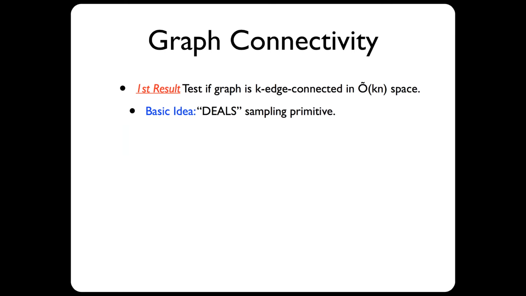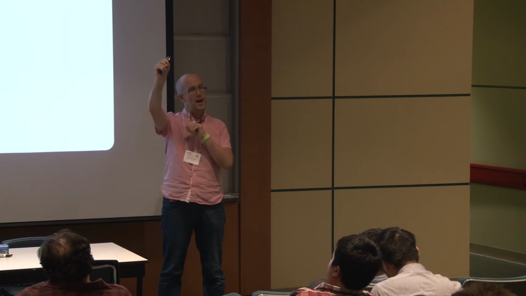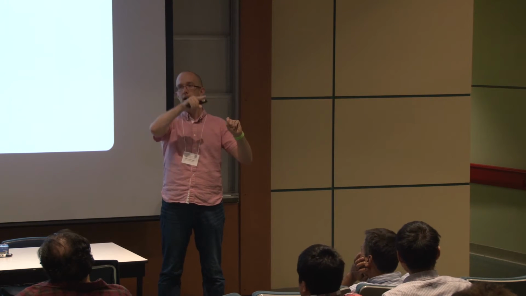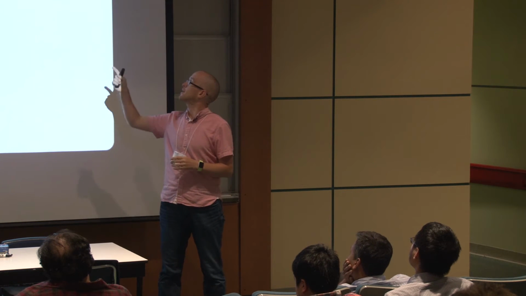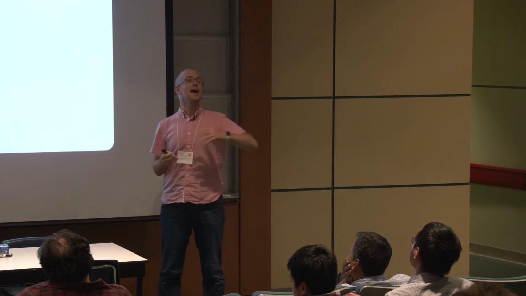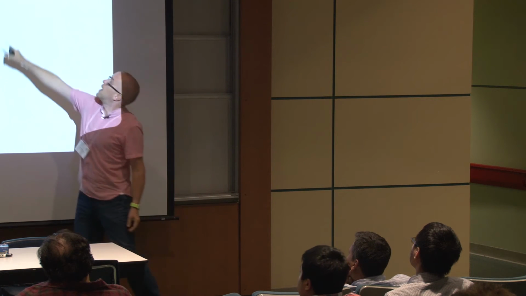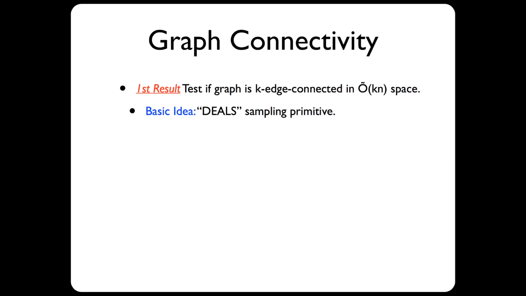If you want to test whether your graph is K edge connected, if between any pair of nodes there are K paths that don't share edges, if you want to test whether every cut in your graph has at least K edges, then you can do that using O tilde Kn space. And the basic idea is this deal sampling primitive.